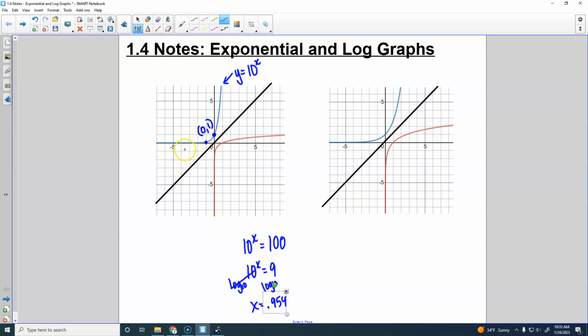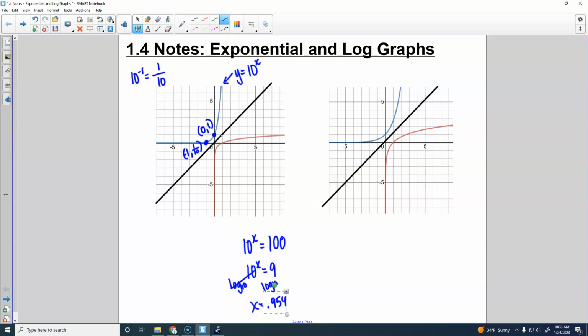My x-coordinate would be, I'm sorry, negative 1. If I've got 10 to the negative 1, we talked about this just a little bit. What do I have to do with negative exponents? Move them to the bottom, so that 10 would go to the bottom. I'd have to put a 1 on the top. So negative 1, 1/10 would be the coordinates of this point right here.